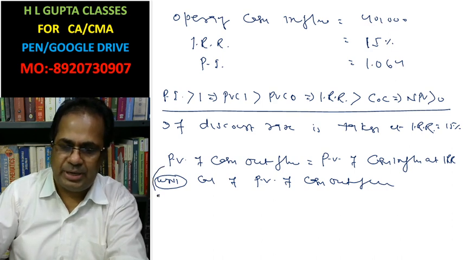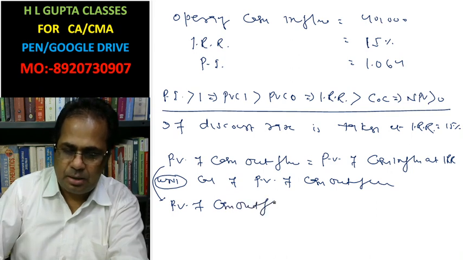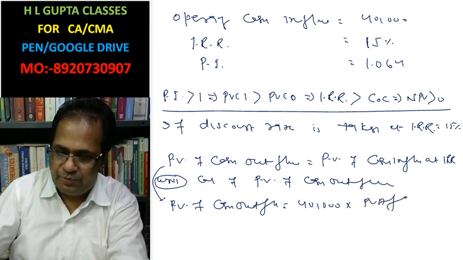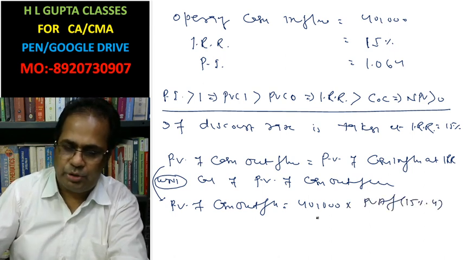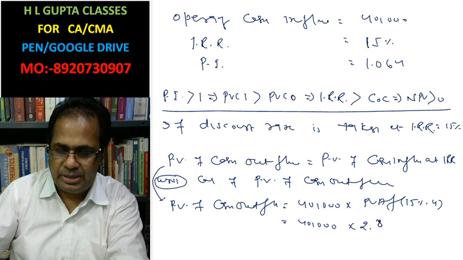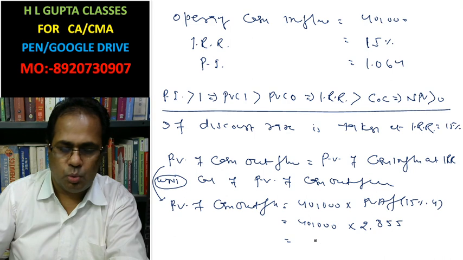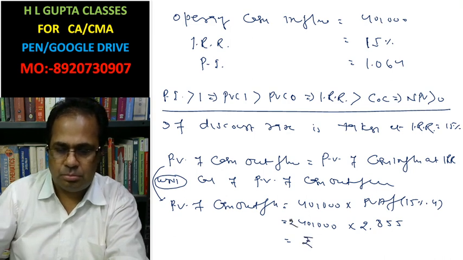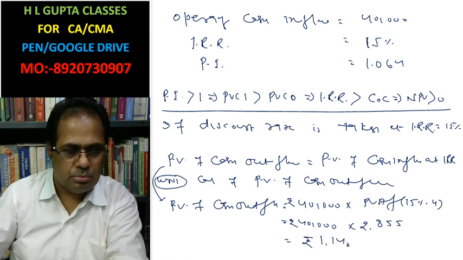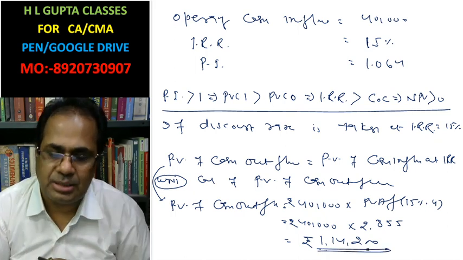By this relation we have present value of cash outflow equal to present value of cash inflow: 40,000 times present value annuity factor at 15%, 4 years, which is 2.855. This gives 1,14,200. This is the present value of cash outflow.